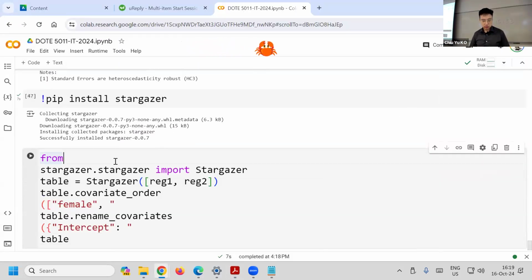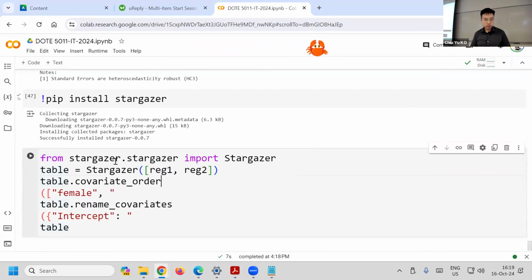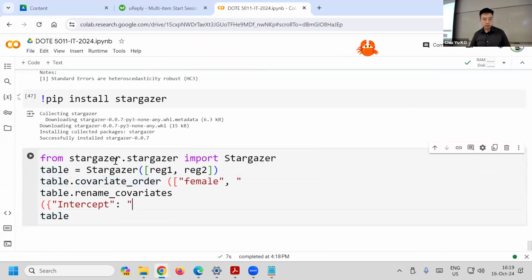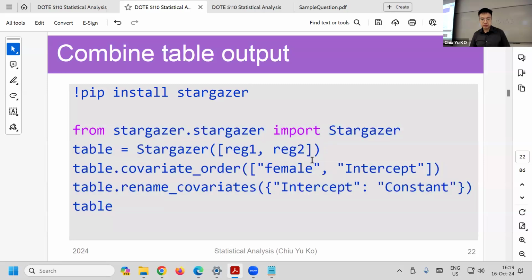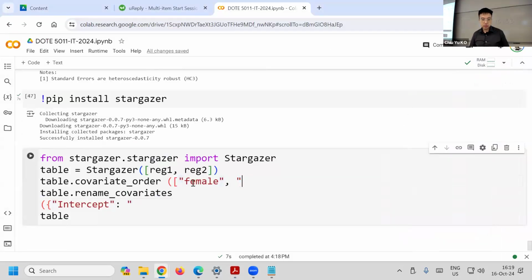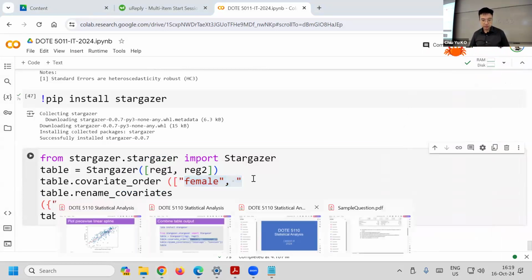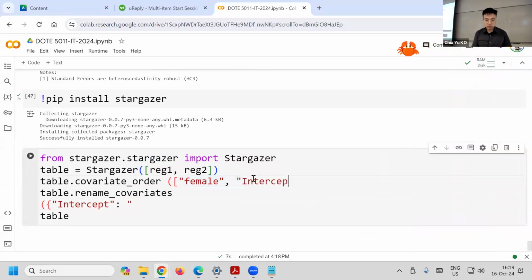Well, I'm missing so much. I really don't want to type. Let's see if I can copy that instead. Okay. No. Okay, just type. What it means here is that I want to reverse the order. I don't care about the intercept.